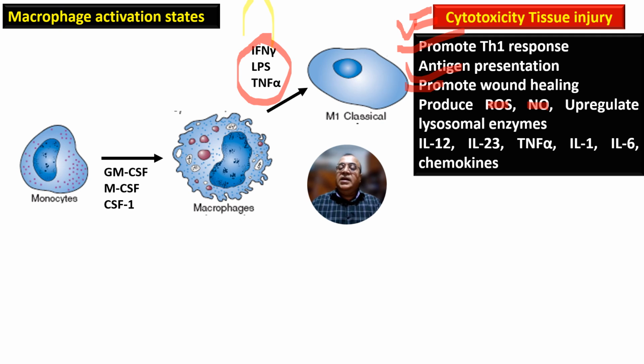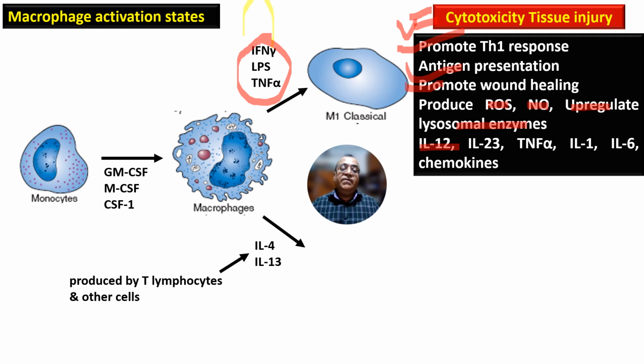They have got upregulated lysosomal enzymes. Also, interleukin 12, 23, tumor necrotic factor alpha, interleukin 1 and interleukin 6, along with various chemokines, are also secreted from type 1 macrophages or M1 classical macrophages.